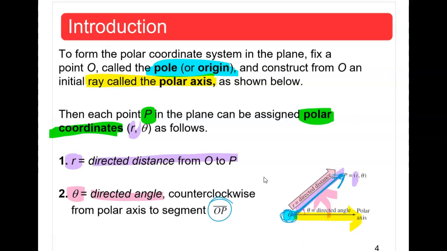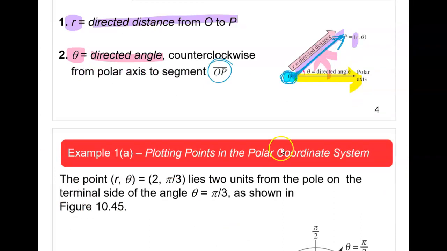So that will be the segment from one point to the other. So the angle, which we call a directed angle, is the angle in between the polar axis and the segment that forms the terminal side of that angle.